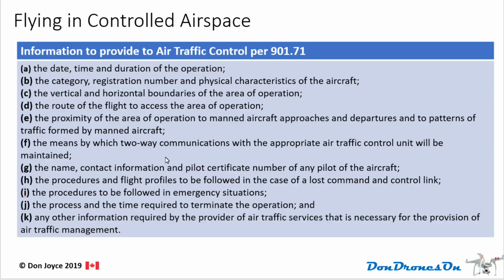I'm not going to read the whole thing out, but the basic gist of it is when you're flying, what kind of drone or aircraft you're flying in terms of the registration number and physical characteristics, whereabouts you're flying in the area of operation, the route you're using to get there, the proximity of the area to manned aircraft approaches and departures, so you have to be familiar with the area and manned aircraft traffic patterns, how you're going to communicate with the air traffic control unit, your name as a pilot, contact information, and your pilot certificate number.